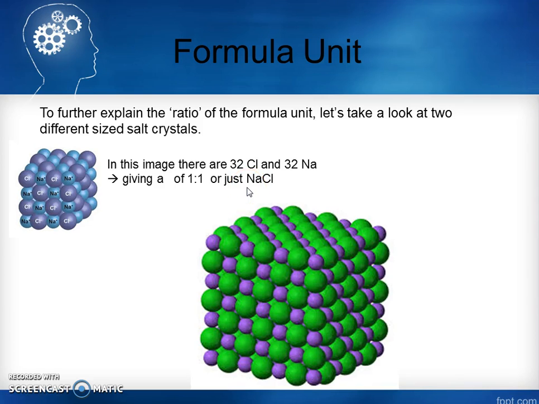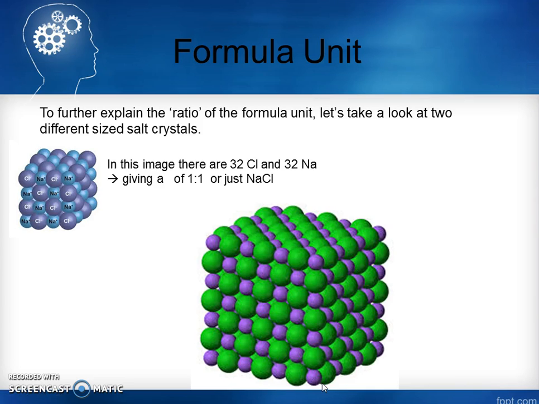Now here's another image of salt, a much larger image. And again, if we were to do the same process and count all the green, this time the chlorines, we'd see that we had 1, 2, 3, up to 24. And there actually is 25.